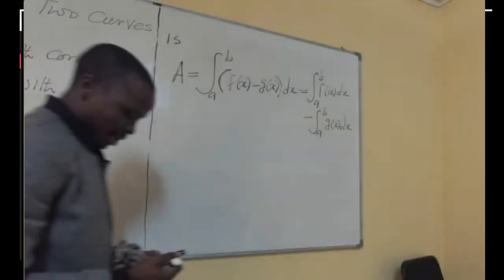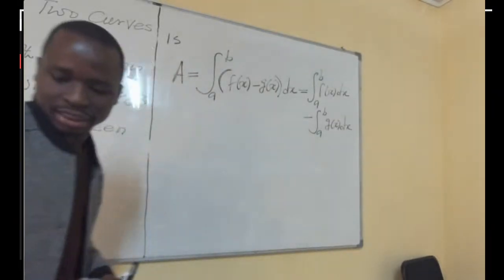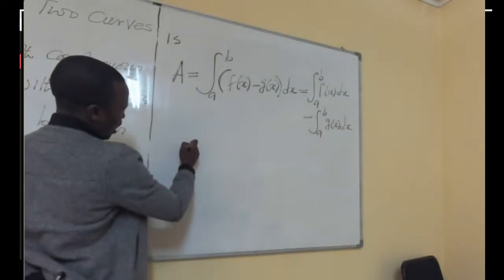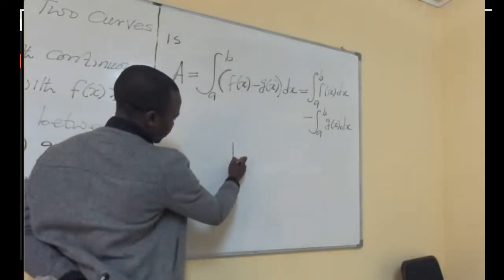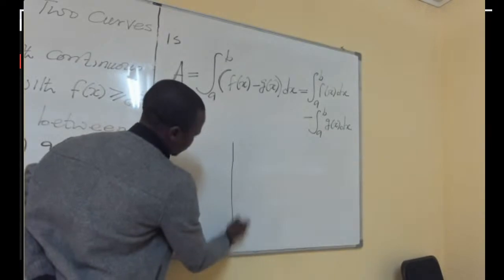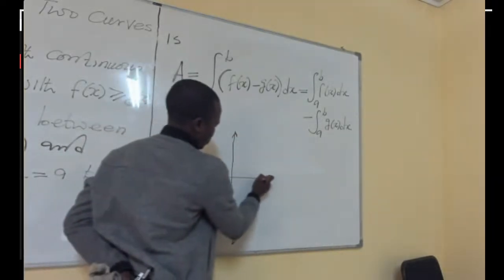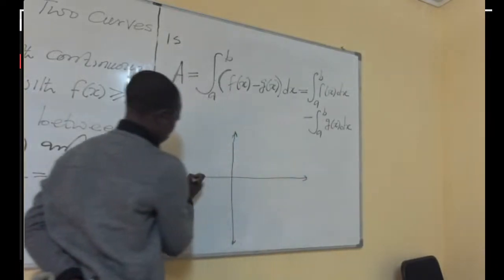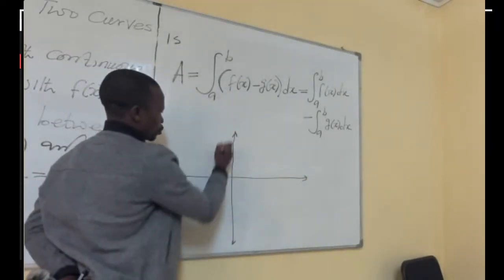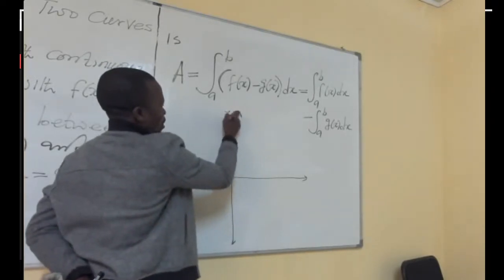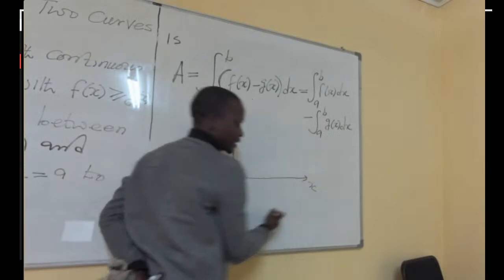Now, maybe before I look at an example, let's look at its graphical structure. Graphically, you have a region of this nature. You have our y-axis, you have our x-axis.